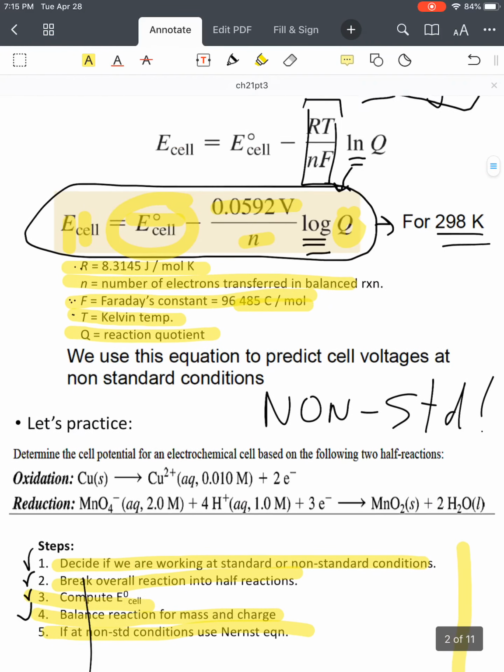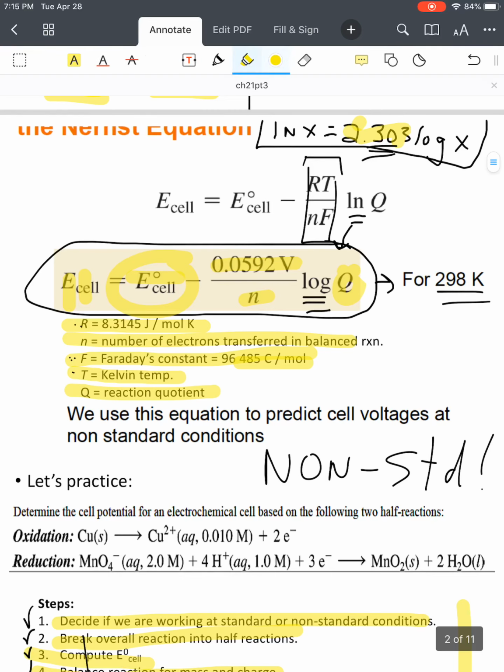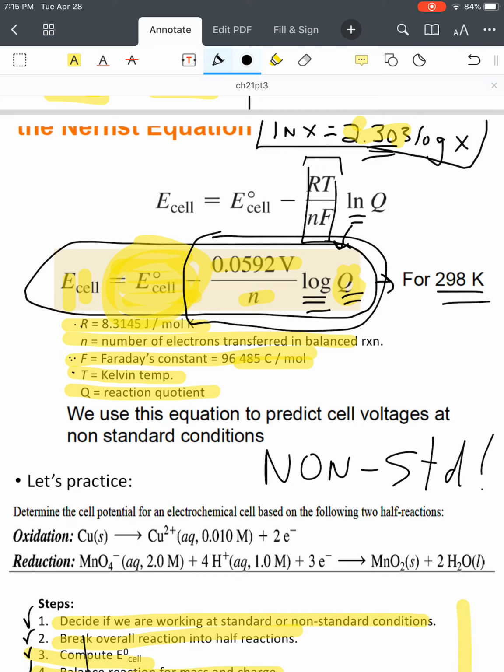And again, the form of the Nernst equation tells us that the numbers that are important are E0 cell, that's our standard cell potential. That basically is determined by what the cell actually is composed of, what chemicals, right, and their native redox properties. And then we correct for non-standard conditions using the second term by subtracting 0.0592 volts divided by n times the log of our reaction quotient.